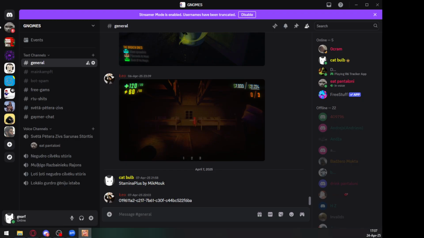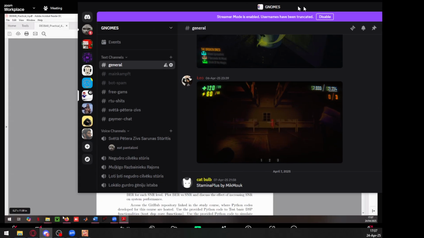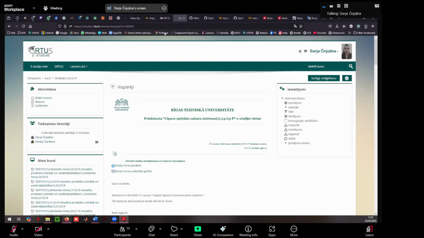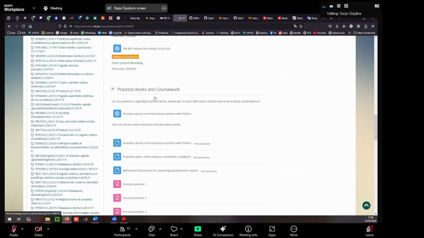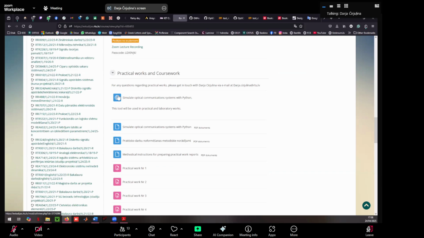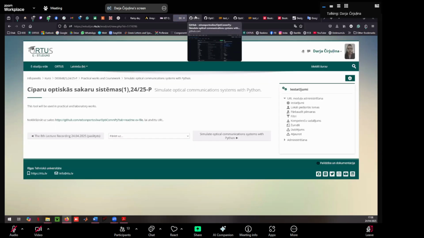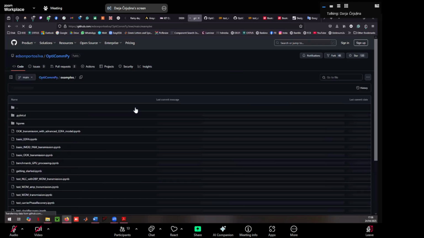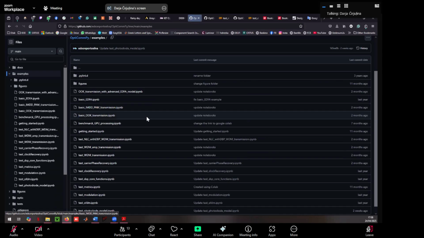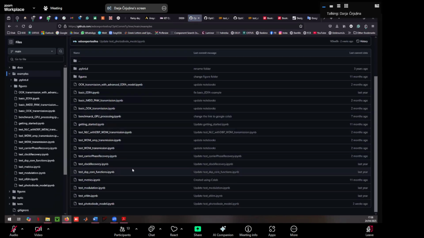So let's just go to the Python and look at the code. Of course you are able to access the Python code using this link. I've already opened the link and we will just go to examples. Okay, so the first code would be test modulation, and the second code you would be using test DSP core functions.